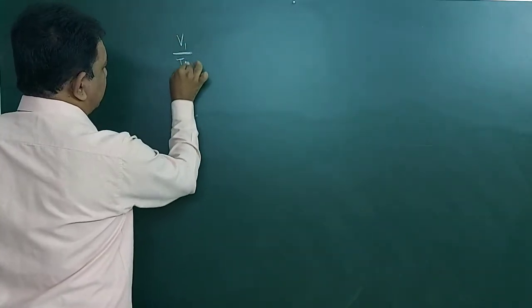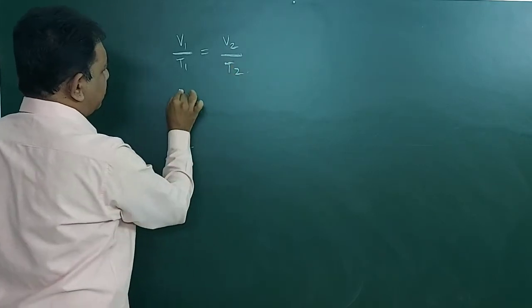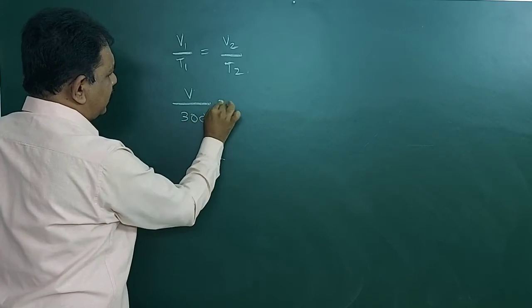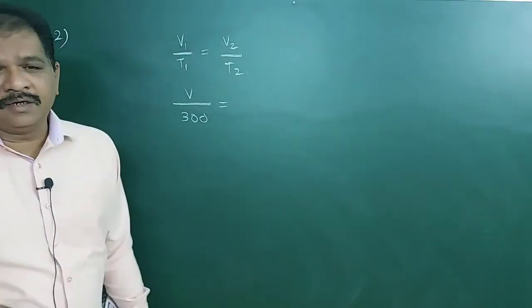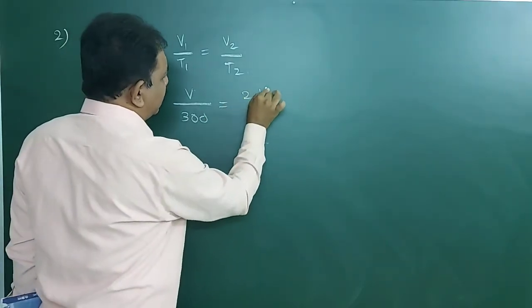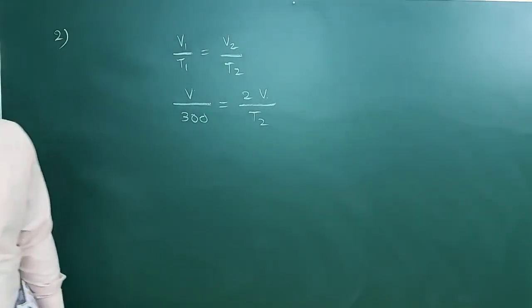Okay, so V1 by T1 is equal to V2 by T2. This is V; I am assuming 27 degrees centigrade means 300 Kelvin. Volume becomes 2V, find T2.